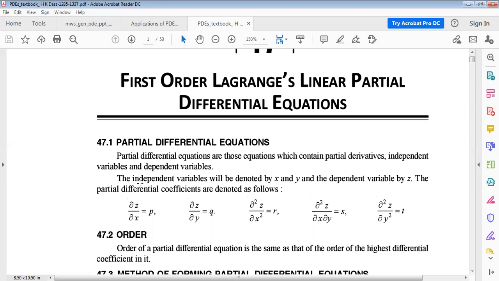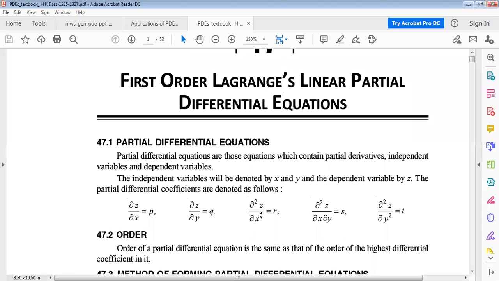Then the partial differential coefficients can be written like this. p will be the partial differentiation of z with respect to x, and q equals the partial differentiation of z with respect to y, that means z is a function of x and y.